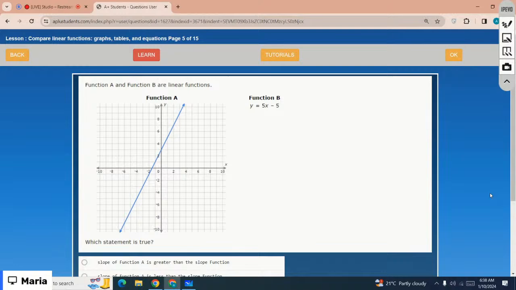Function A and function B are linear functions. So which statement is true? Which is the correct option?